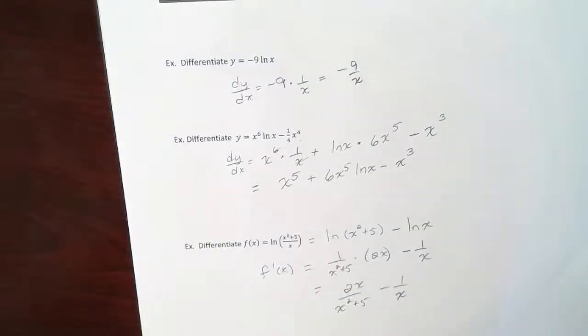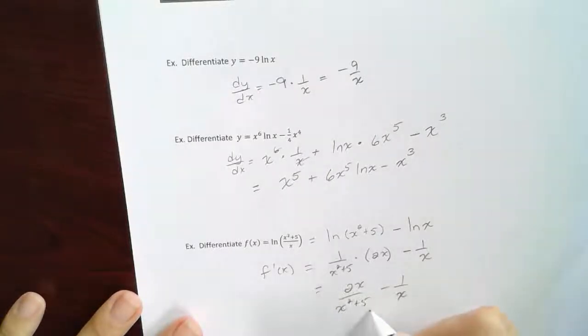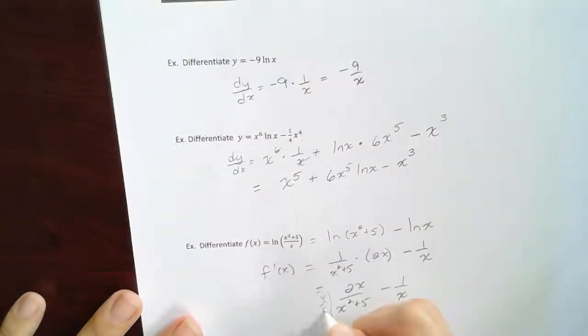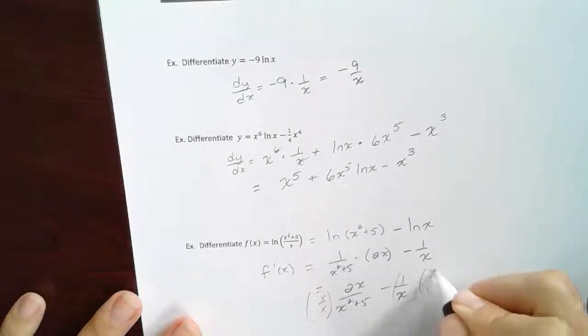If we were to find a common denominator and simplify this so that it's one fraction, we would have to multiply this fraction by x over x, and we would have to multiply this fraction by x squared plus 5 over itself.